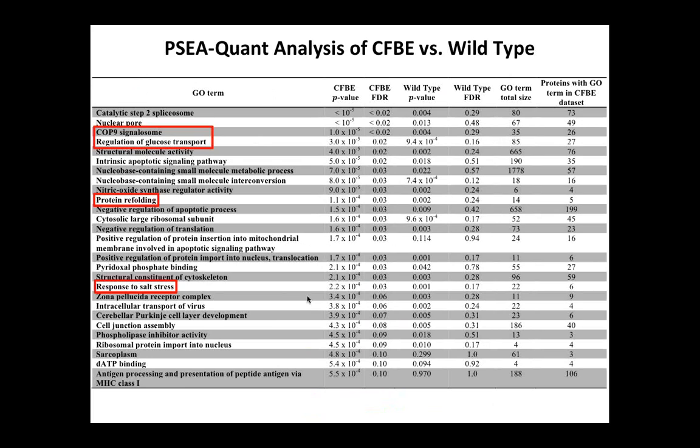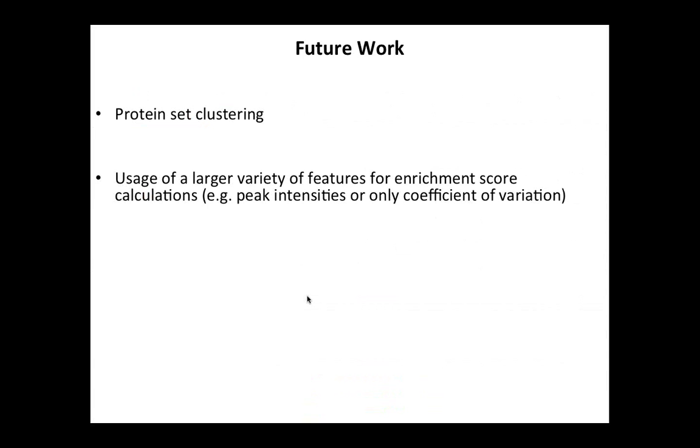And interestingly enough, we found more or less the same GO terms that are related to CFTR to be significant in the data set where we have the mutant CFTR versus the data set with the wild-type version of CFTR.